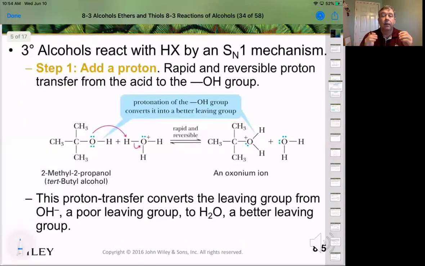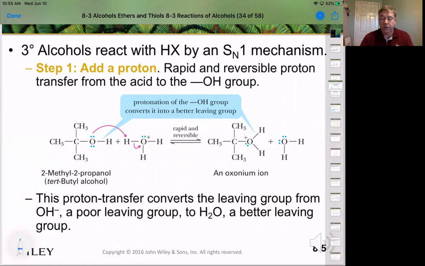The mechanism for converting a tertiary alcohol to a tertiary alkyl halide is an SN1 mechanism. Basically, we're going to form a carbocation with our tertiary alcohol. The first step is to transfer a proton from our acid to our alcohol to make the oxonium ion, a good leaving group.